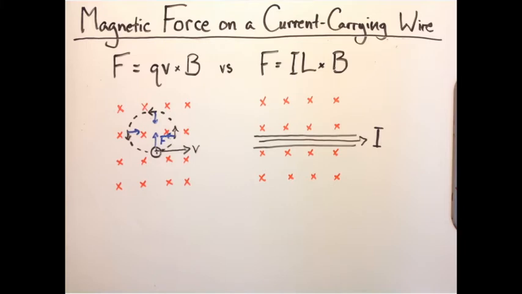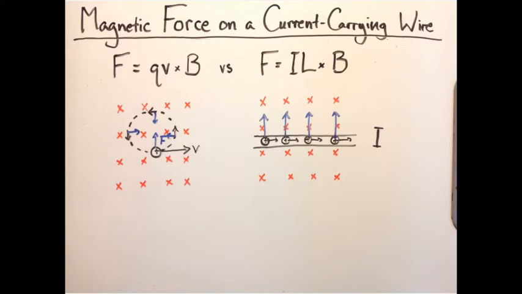All right, now what about the current carrying wire? Why does that experience a force when it's in a magnetic field? Well, it goes back to what we define current as. Current is the movement of positive charge. So think about this wire with a current going through it as having a bunch of positive charges moving to the right. Based on the right-hand rule, these charges experience a force in the up-the-page direction.